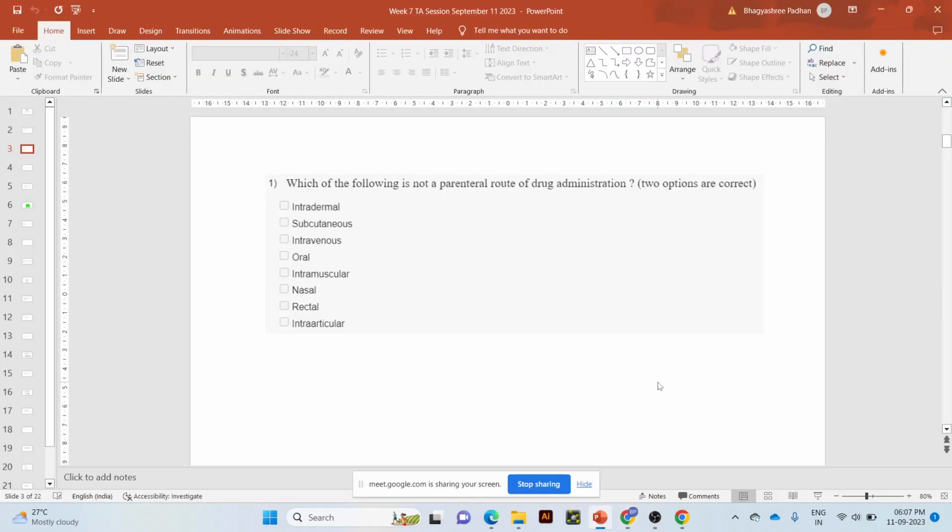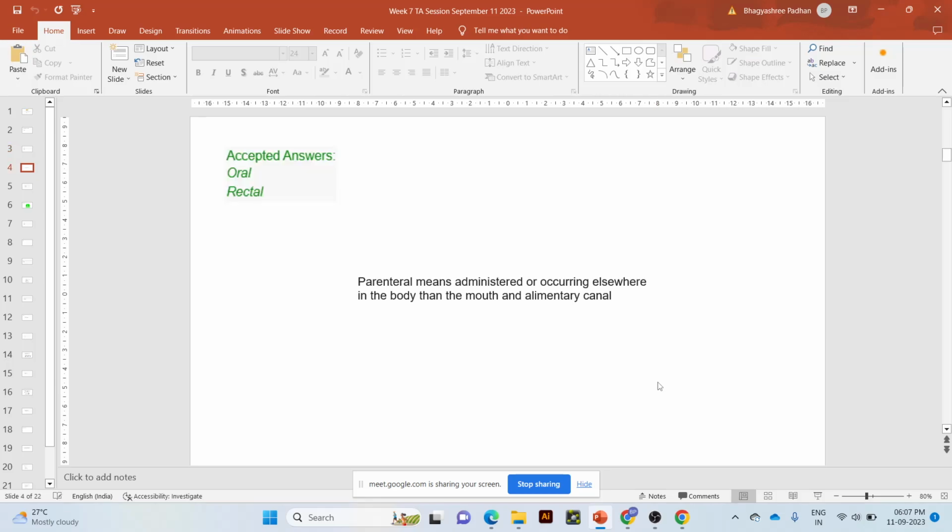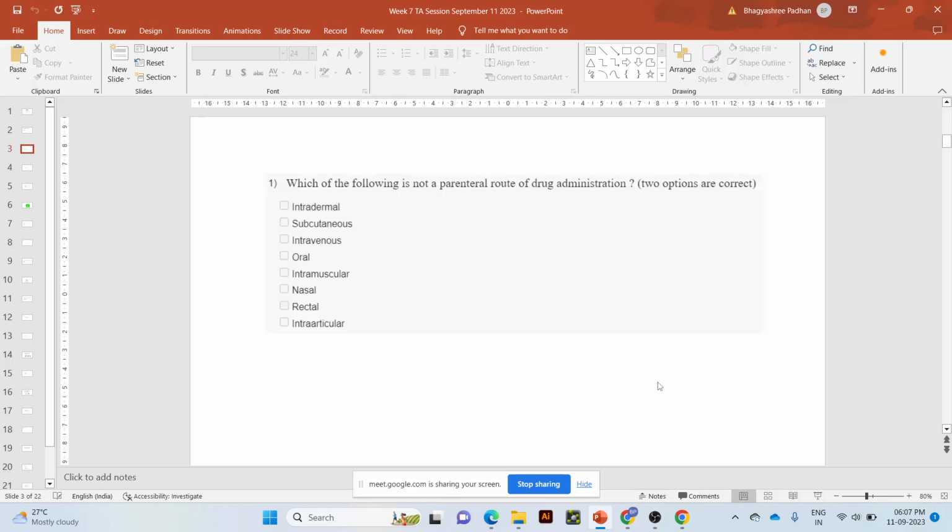So most people are going for oral and rectal. And so basically it is oral and rectal. Parenteral means administered or occurring elsewhere in the body than mouth and alimentary canal. Since oral and rectal are part of the mouth and alimentary canal, that's why they are not parenteral. Nasal, which is not part of the alimentary canal, will fall in the parenteral route. Is that clear? Okay, ma'am.